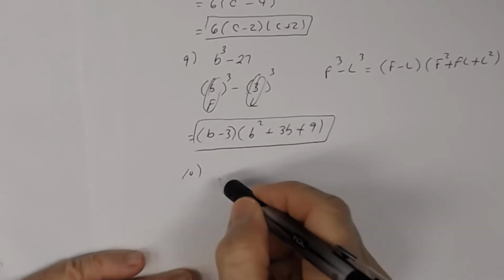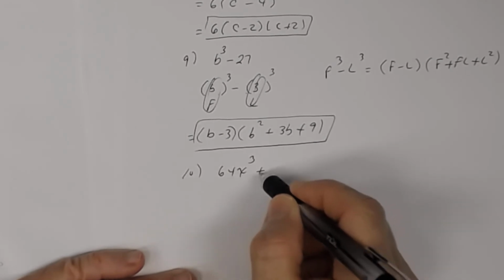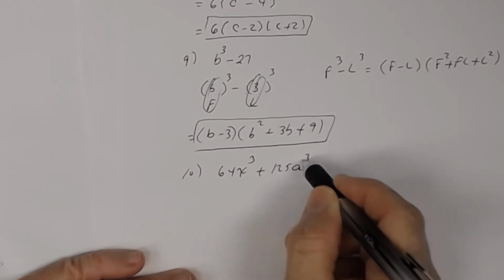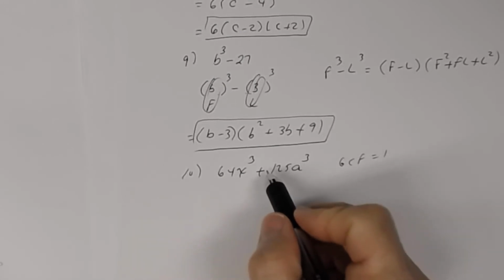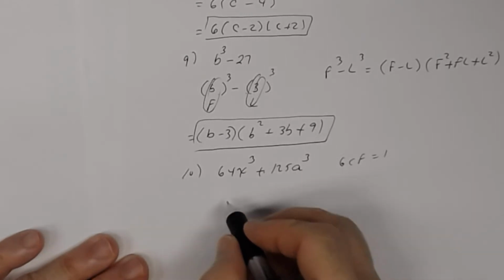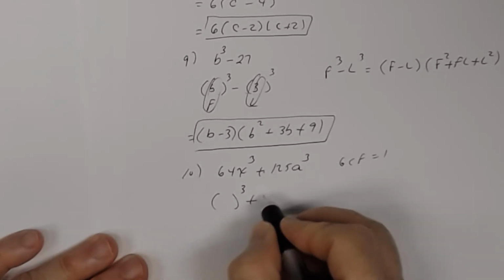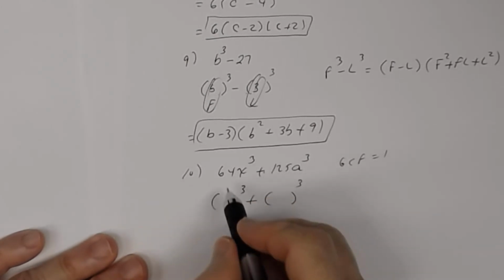Okay, number 10, you have 64x cubed plus 125a cubed. Okay, so again, the GCF is 1, but this is the sum of two cubes. And I know this is going to be the sum of two cubes because I can fill in these parentheses. This right here is a perfect cube.